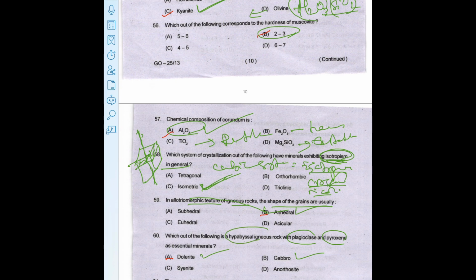So it is a hypabyssal igneous rock. We have gabbro is plutonic. This dolerite is hypabyssal. This is the only rock which is hypabyssal. Anorthosite is plutonic. Syenite is plutonic. So this is the only rock which is basic, which contains plagioclase and pyroxene as essential minerals, and it is a hypabyssal igneous rock.